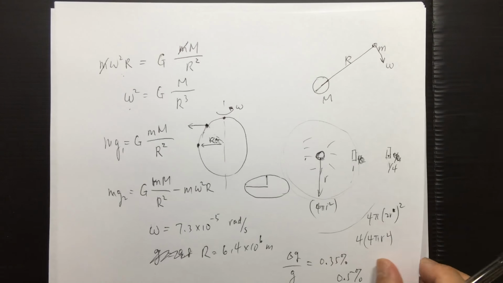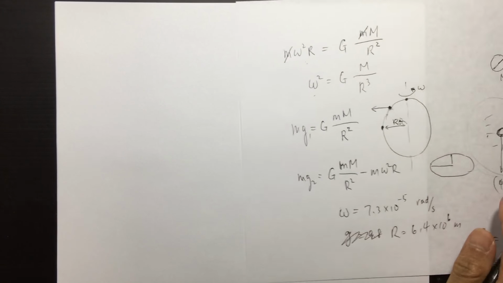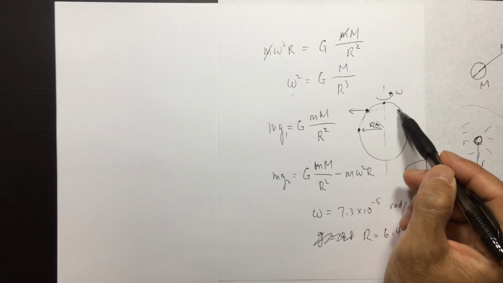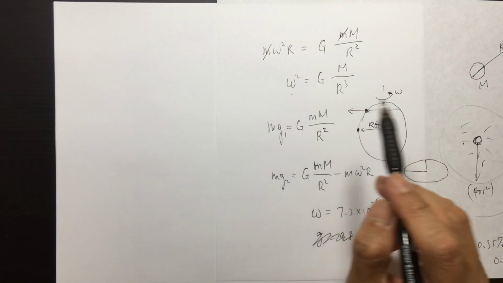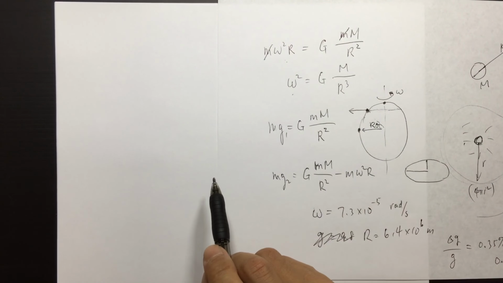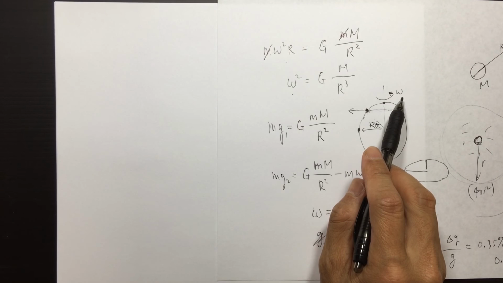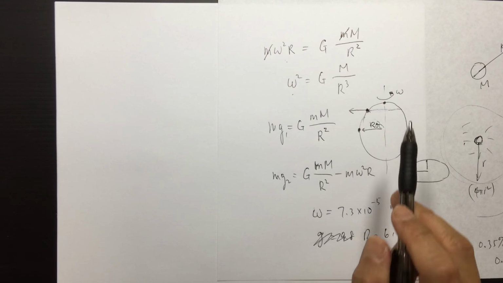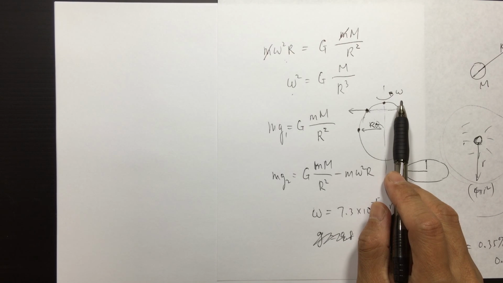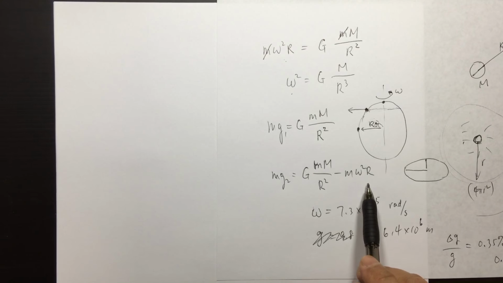Okay, let's do another thing. Look at this motion. The motion is on this plane, they're rotating this way at omega. So you know this m omega squared R. Omega doesn't change, you're still one day a circle.